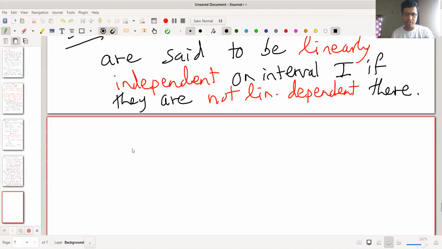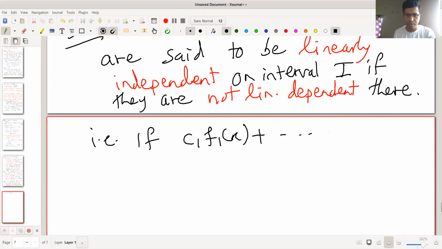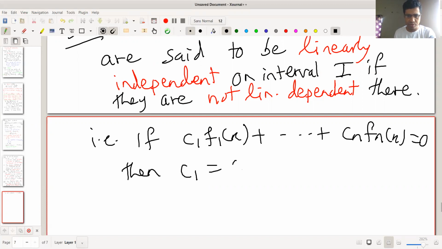That is, if c1 f1 of x plus c2 f2 of x plus and so on cn fn of x equal to 0, then we must have c1 equal to c2 equal to and so on equal to cn equal to 0. We don't have any other option in this case. Okay, so all the constants must be 0.